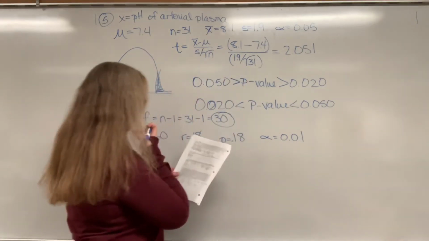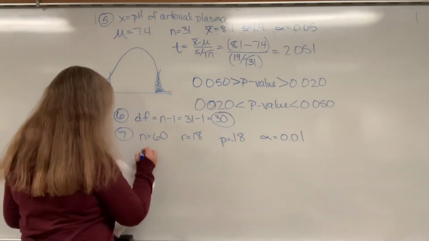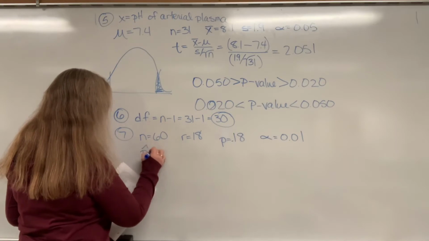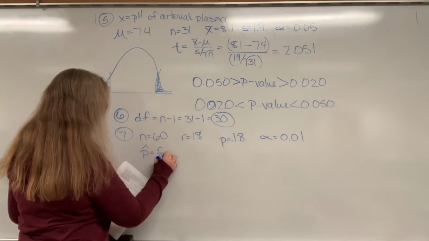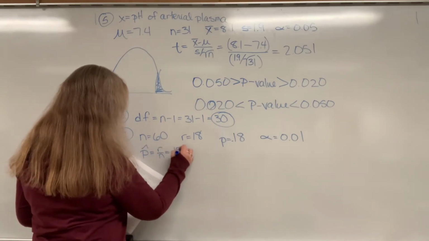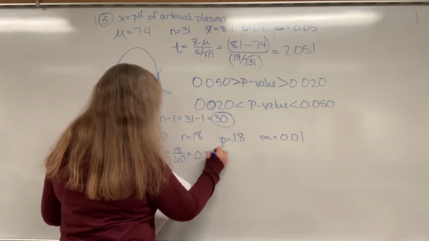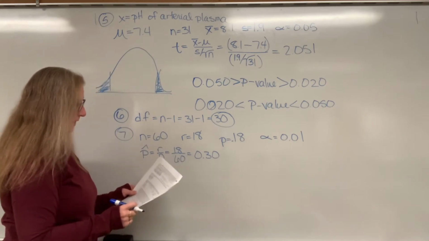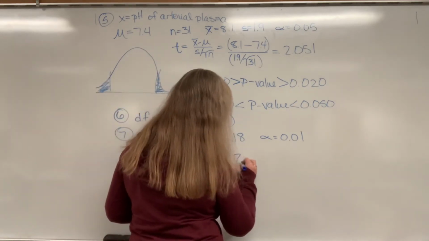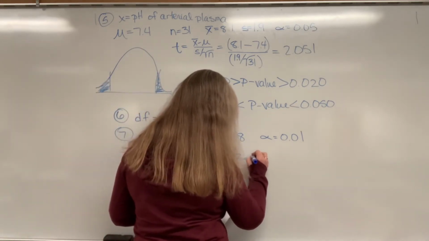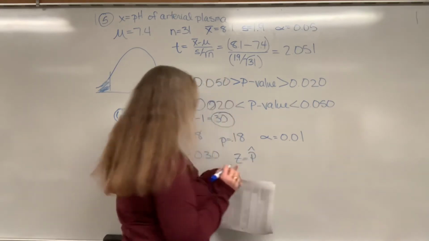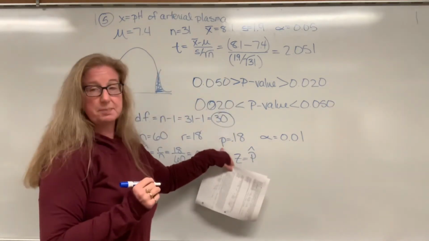What is the value of the test statistic? So first I need to do p hat. P hat is R over n. So that's 18 over 60, which gives me a nice round 0.30. My z score is p hat. Again, we use z when we're using little p, okay?